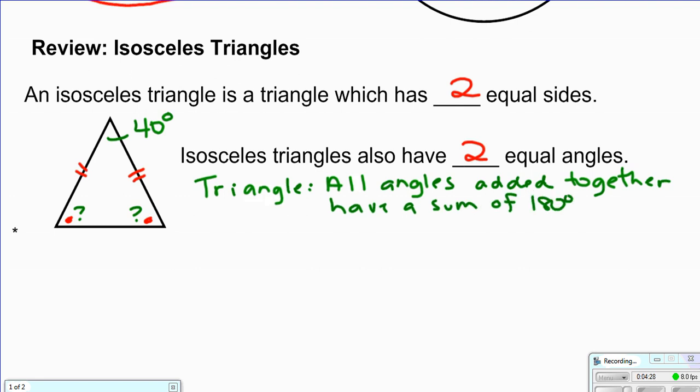So when you add them up, you get 180 degrees. And so we know that 180 degrees take away the 40 degrees gives us 140 degrees. And so these two bottom angles have to share that evenly.